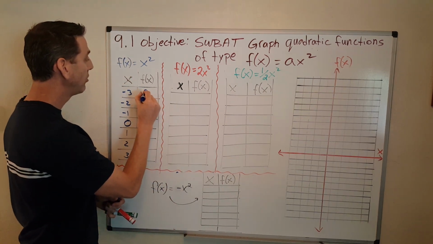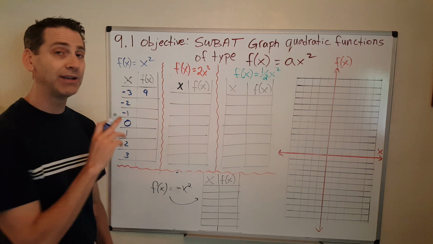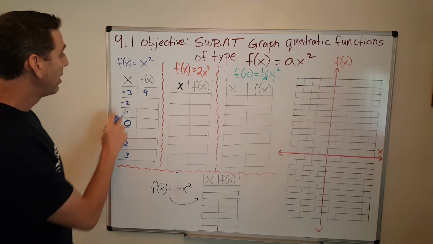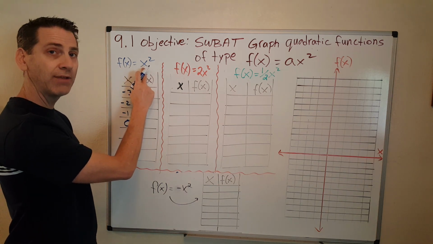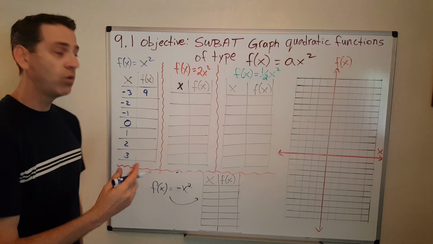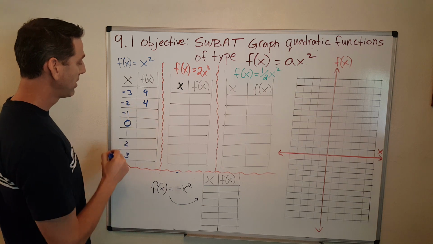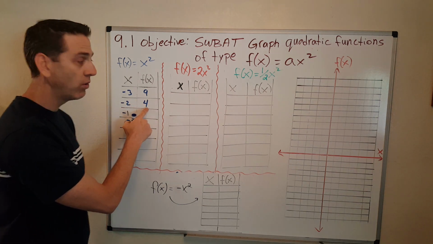So at x equals -3, f of x is going to be 9. When x is -2, I just substitute that -2 here. -2 squared is 4. So at x equals -2, f of x equals 4.